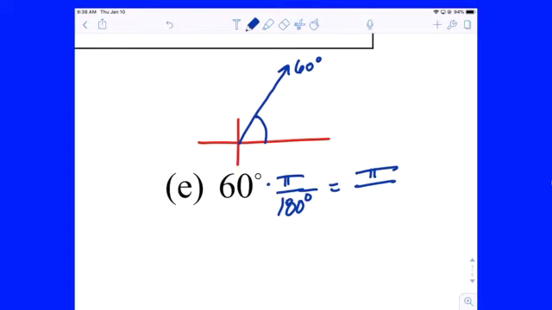If you notice how I write my pies, I don't put the squiggle on the top. I just put a straight line. If you are more artistic, you could do the pie like that. That's fine.